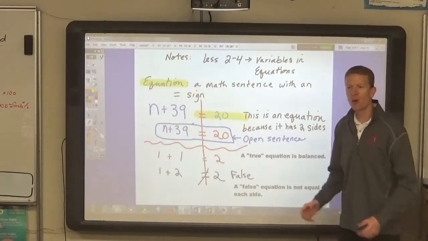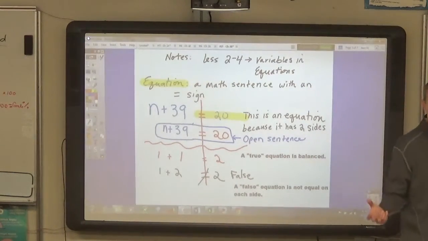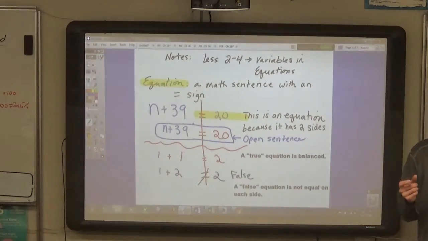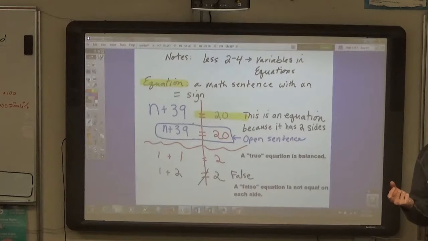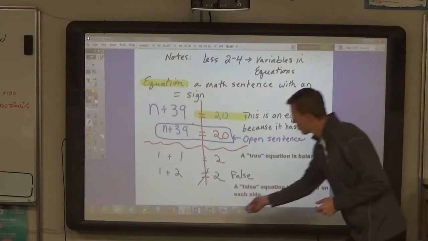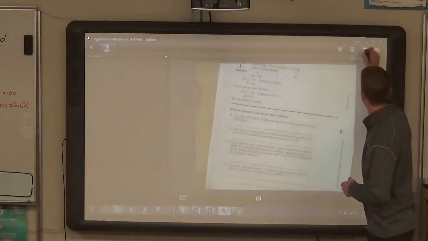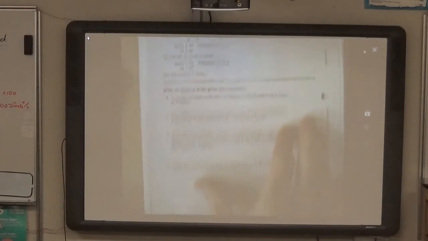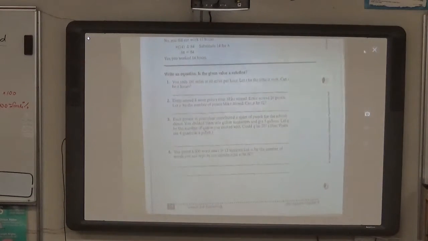Okay? So what you'll be doing is using open sentences and checking with a number to see if it makes the equation true. For example, go to your worksheet. In problem number 1, this gives you a situation.